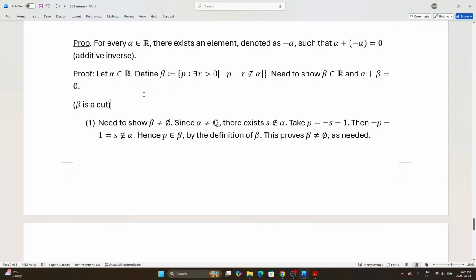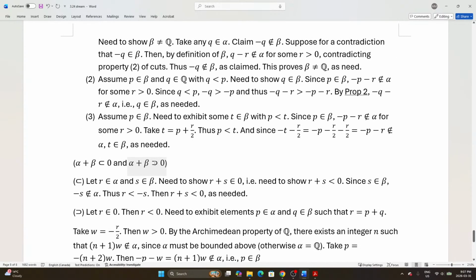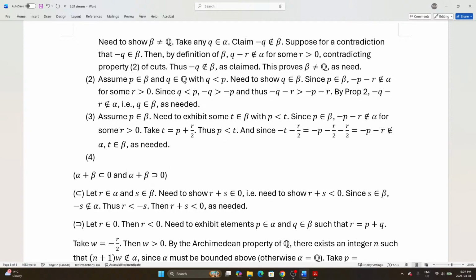So let's first prove, after proving this is a cut, let's first prove that alpha and beta have opposite sign.